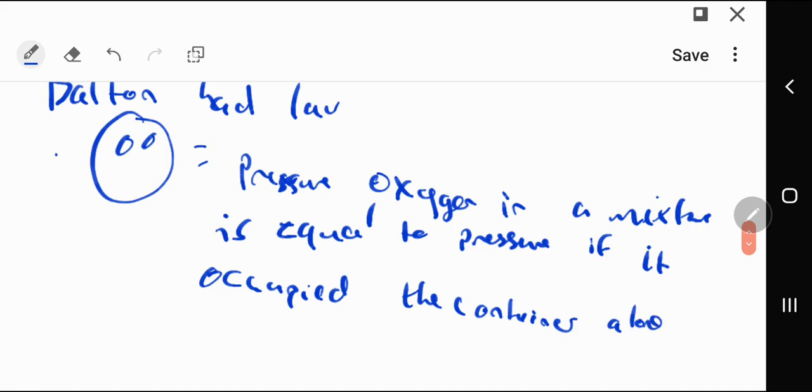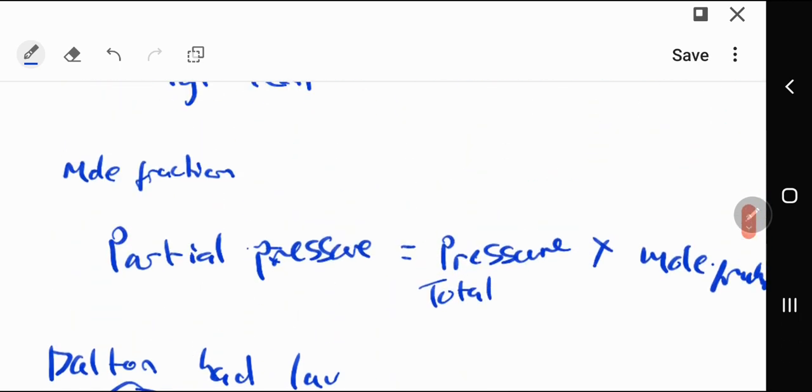So that's what Dalton's law says. The pressure of any pure gas in a mixture is equal to the pressure if it occupied the container alone. That's all that Dalton's law states. Thank you for watching.